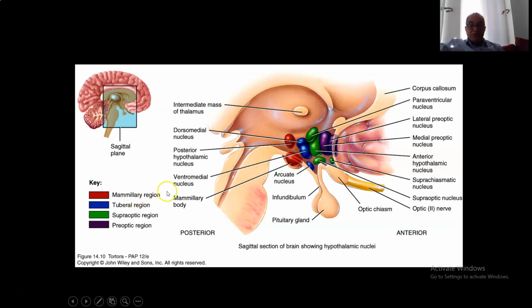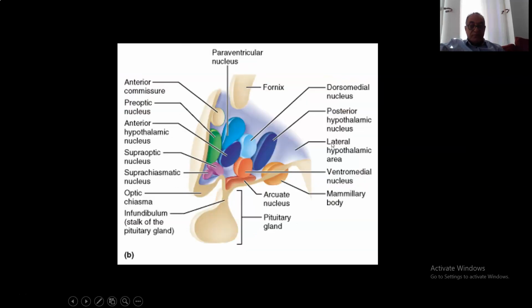The brown is the mammillary region, the blue is the tuberal region, and the green is the supraoptic region or the preoptic region. The supraoptic is green and the preoptic region is blue or violet.